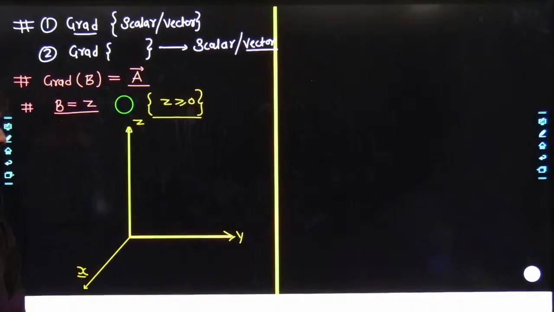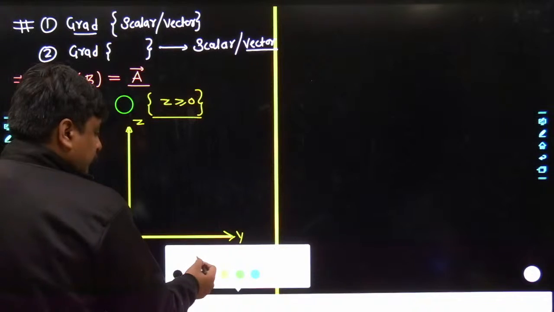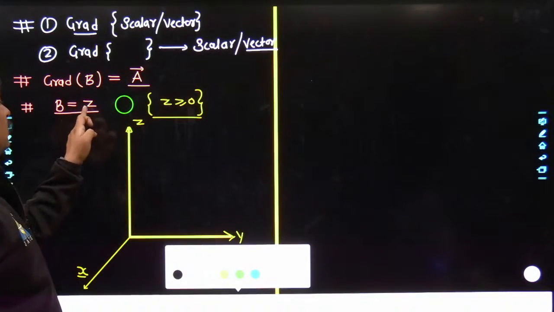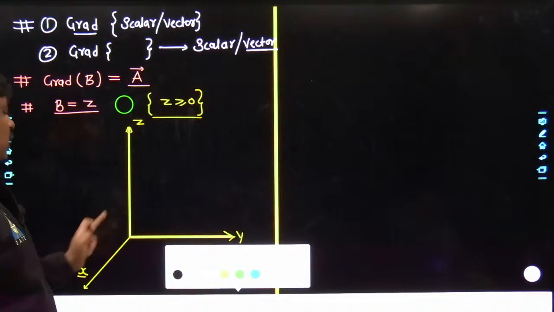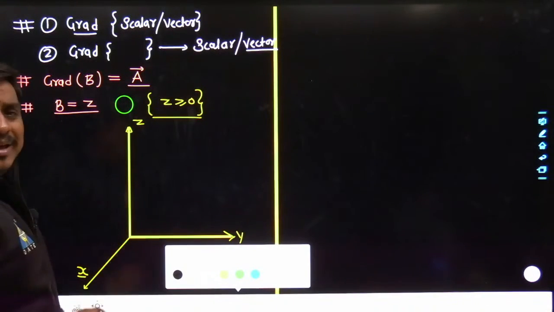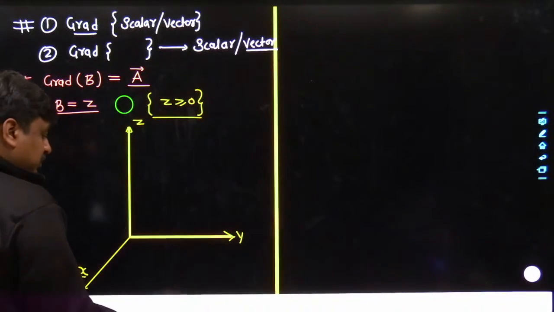So what I would be doing over here, at the very beginning I would start with B is equal to Z, and over the y-axis the value of z is simply 0, and as z is equal to 0, you would have a circle with the radius equal to 0, which is merely a point.